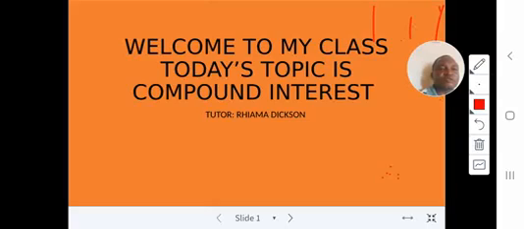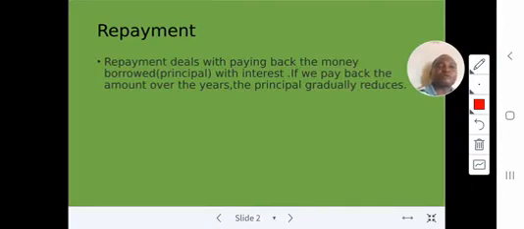Let us start with repayment. What is repayment? Repayment is paying back the money you borrowed, which happens to be the principal, with interest.